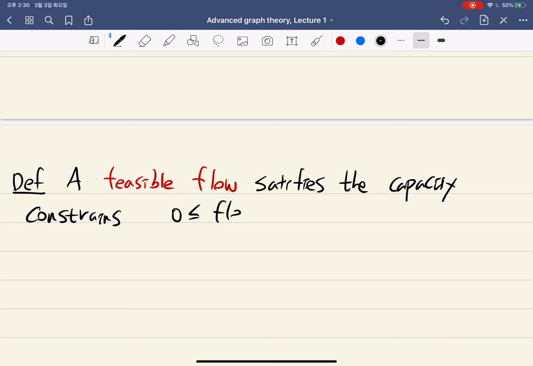So the amount of water that flows through a water pipe should be between 0 and the capacity for each edge. Here this is a directed edge because we are on the network, which is a directed graph.